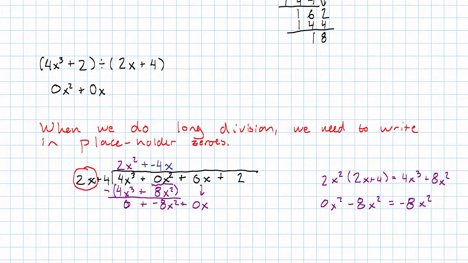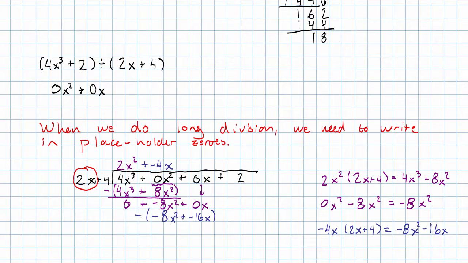We'll have our negative 4x times 2x plus 4, which will be negative 8x squared minus 16x.